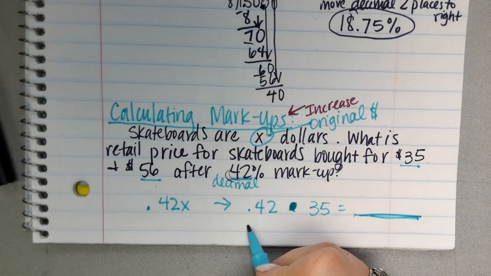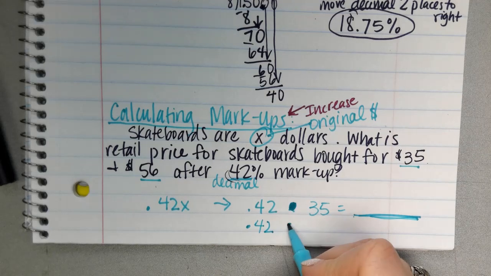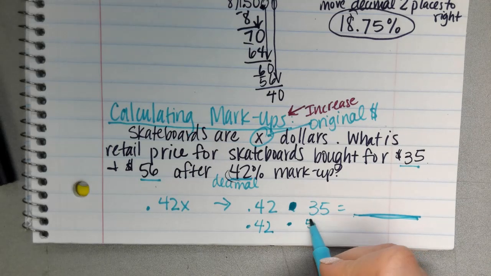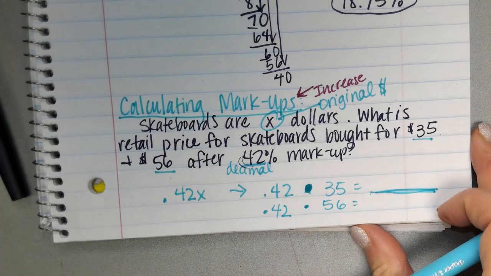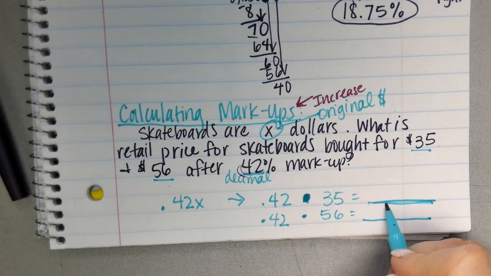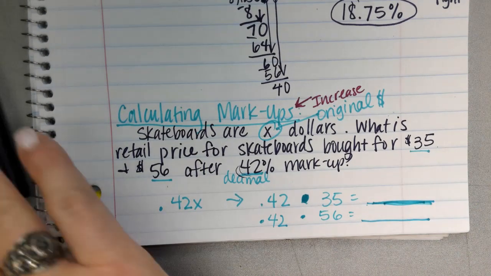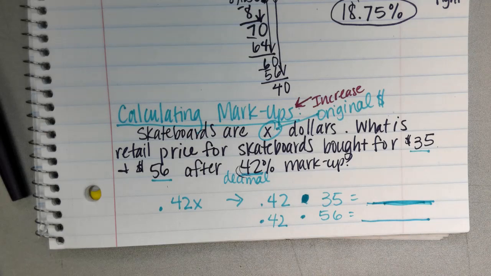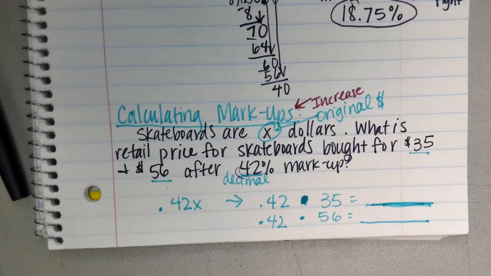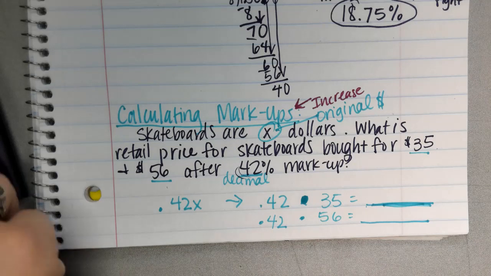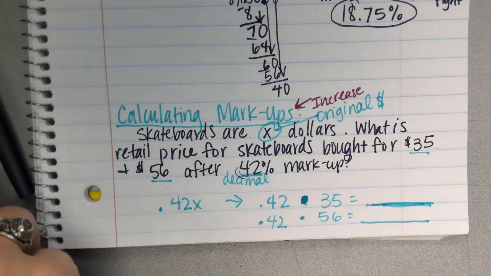And then 0.42 times the other amount would give us the larger skateboard's price, our other new price. You could do this math on the side to save us some time in our notes here. I'm going to use a calculator.